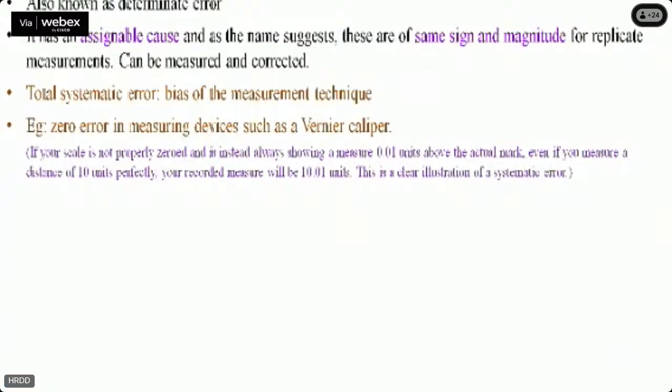But if it is unpredictable, you are not able to tell whether it will be larger or smaller, positive or negative, that is random error. If you have a systematic error, yes, you can correct it. So with systematic errors, one has the option to get rid of them, whereas with random errors one cannot.